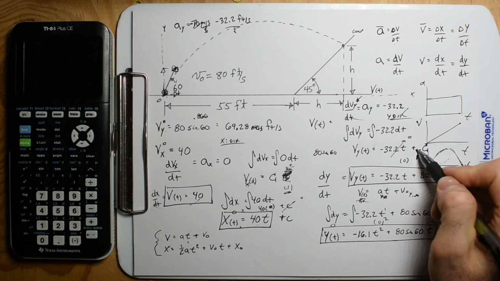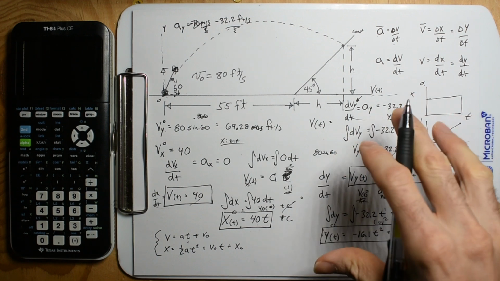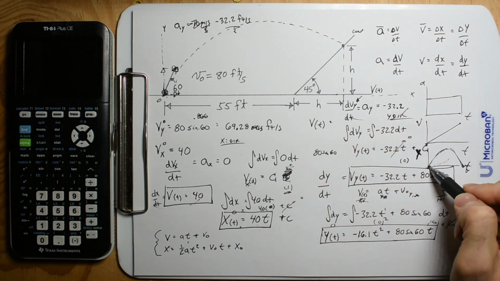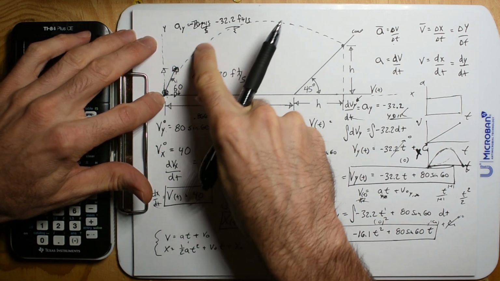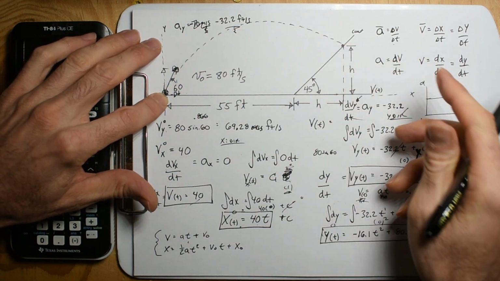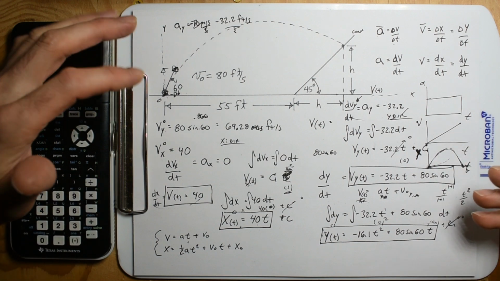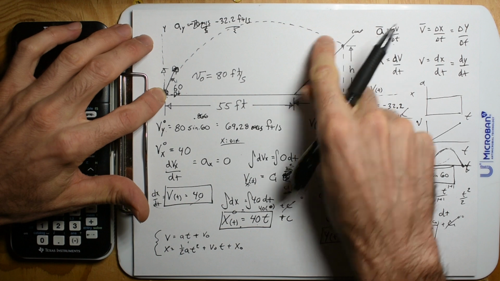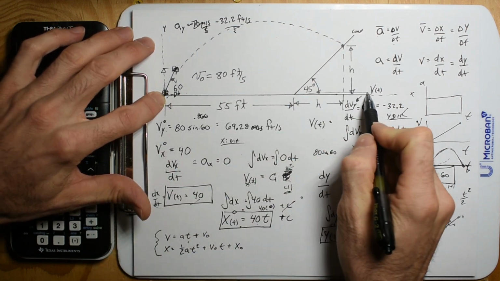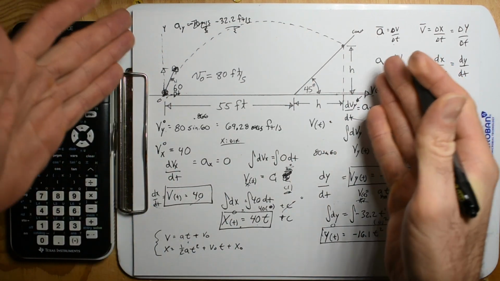And so the thing that I'm going to do in the next part of this video, not in this video, is get an equation for the height of the football as a function of its distance this way. You know what I mean? That would be the equation of this.